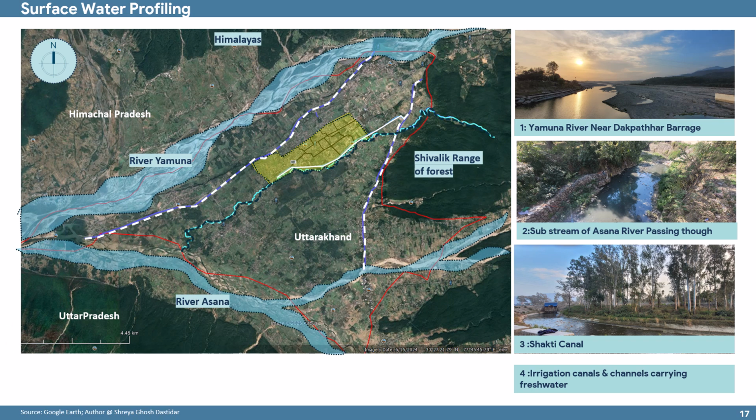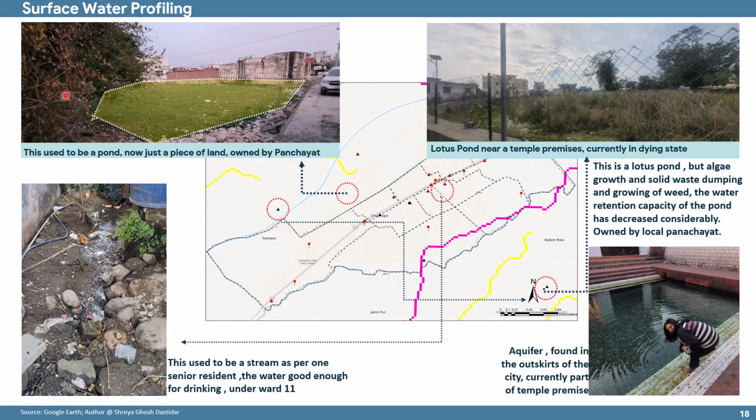The city also used to have a number of ponds and a few other streams, but they are currently in a diminishing stage due to lack of maintenance and awareness. In the outskirts of the city, an aquifer is observed, and currently it is part of a temple premise used for ritualistic purposes.